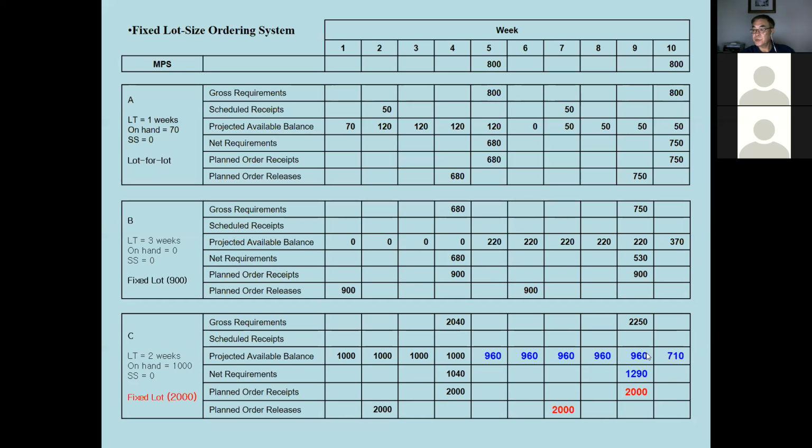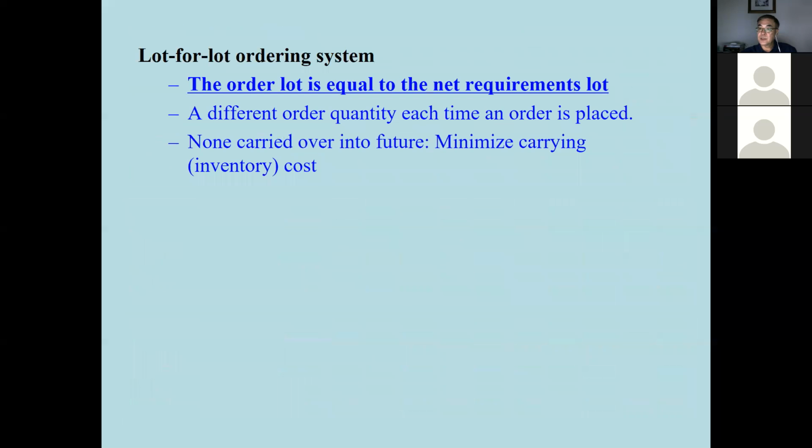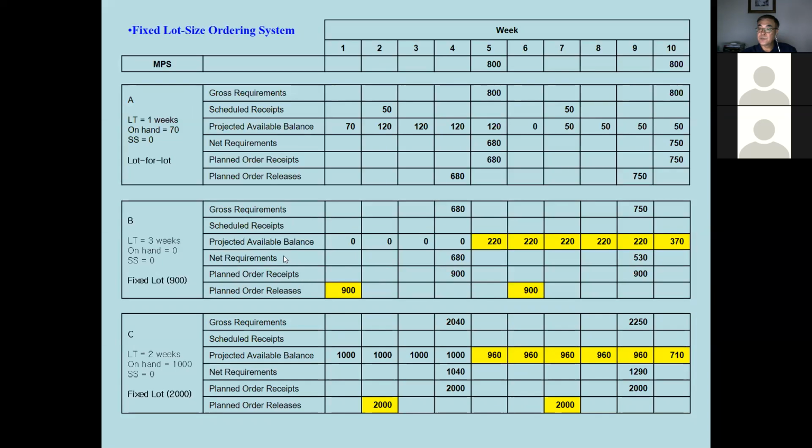So compared to policy or order system, if we use lot for lot, then inventory may be 0 like this, but order quantity is different. If we use fixed lot ordering system, then order quantity for the item or part is the same every time.